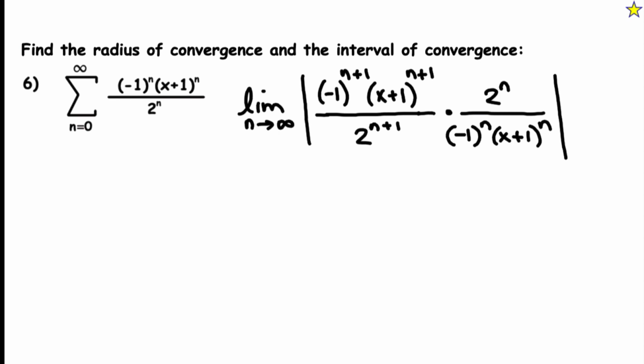All right, looks good. Let's go. Let's cancel. First up, the -1s are gone, as always. The 2's, there's an extra 2 in the denominator. And there's an extra x plus 1 in the numerator.